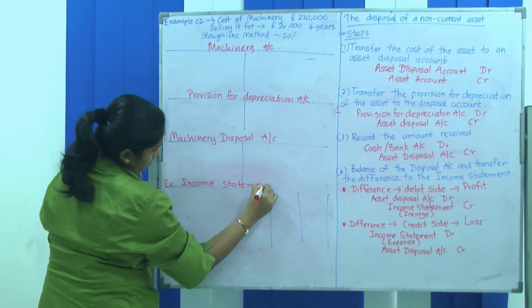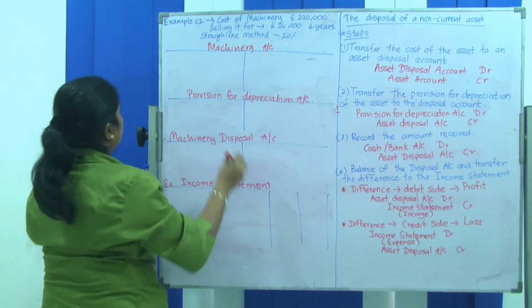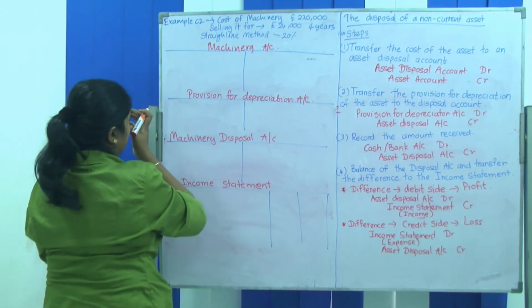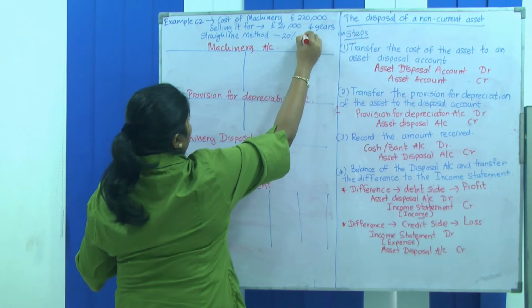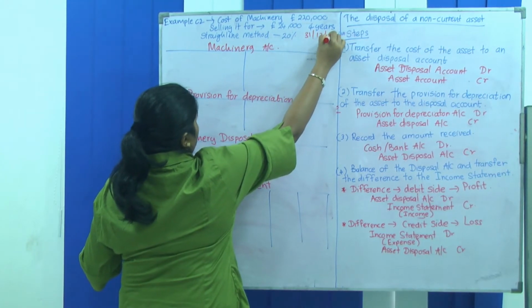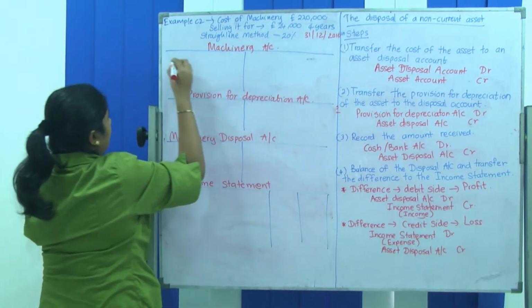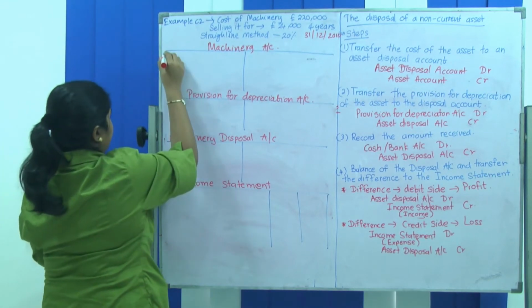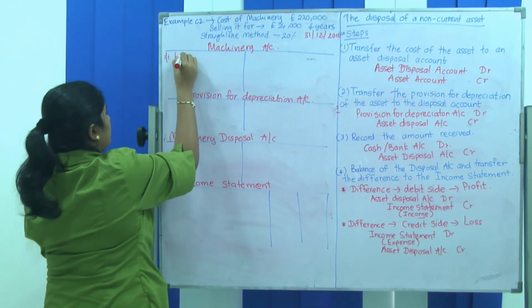Machinery balance, we'll give a date: we are selling on 31st of December 2010. So this will be first the machinery account.